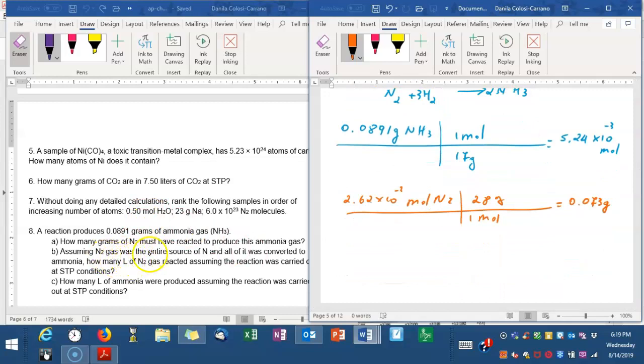Assuming nitrogen gas was the entire source of nitrogen and all of it was converted to ammonia, how many liters of nitrogen gas reacted, assuming the reaction was carried at STP? So it was 2.62 times 10 to the negative 3. Those are the moles.